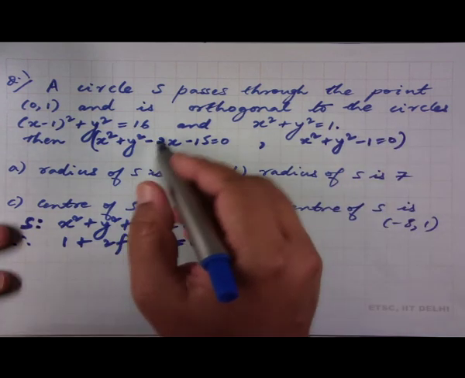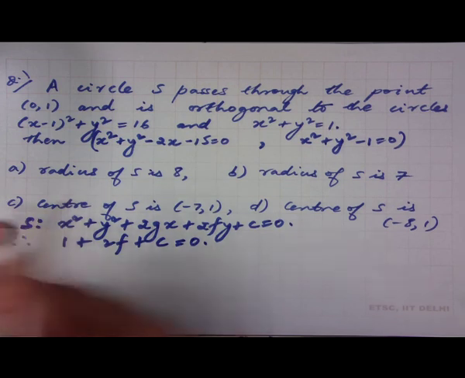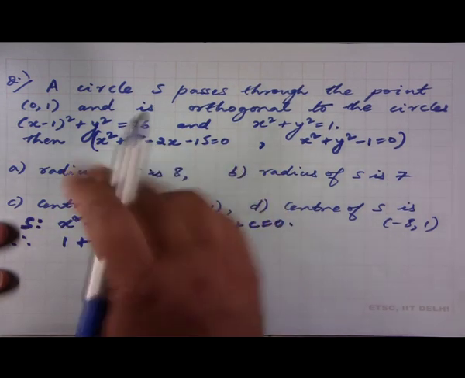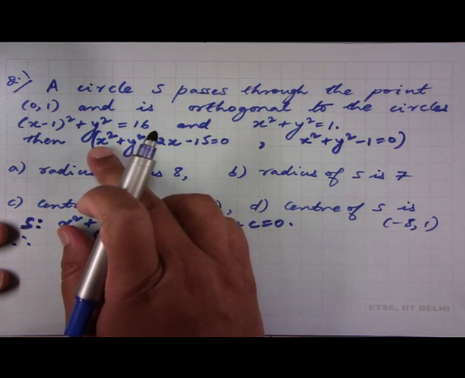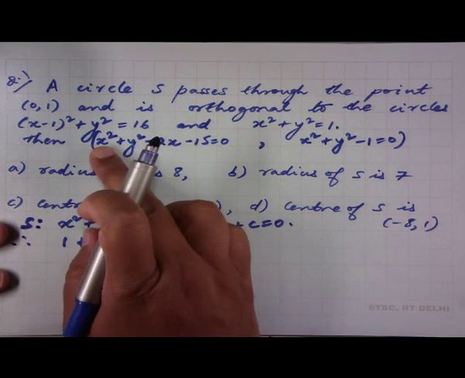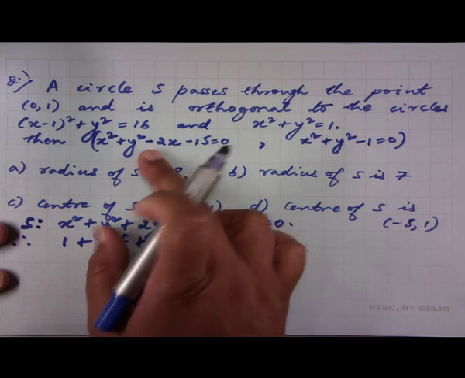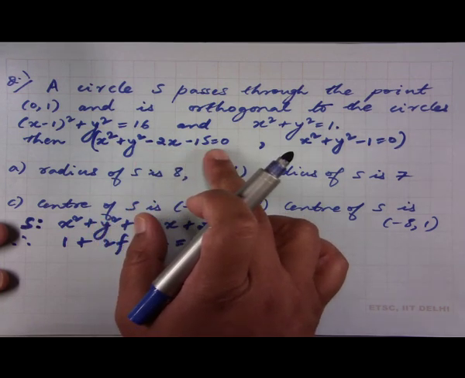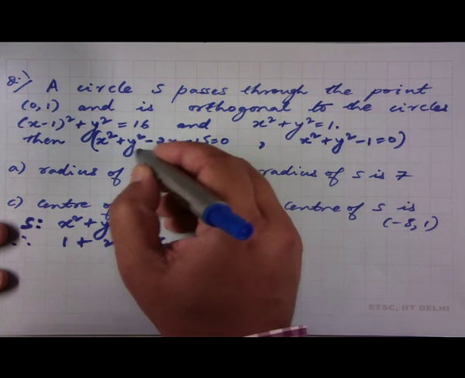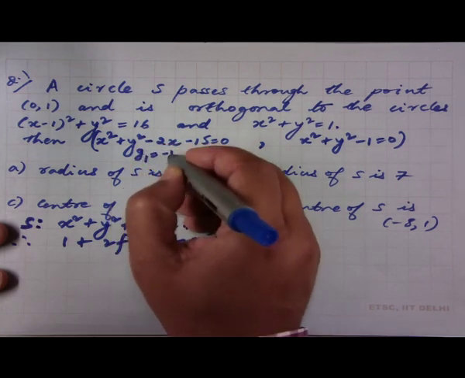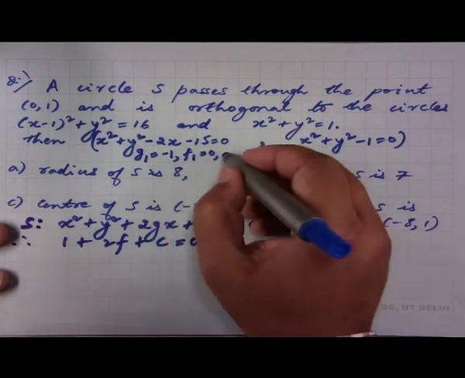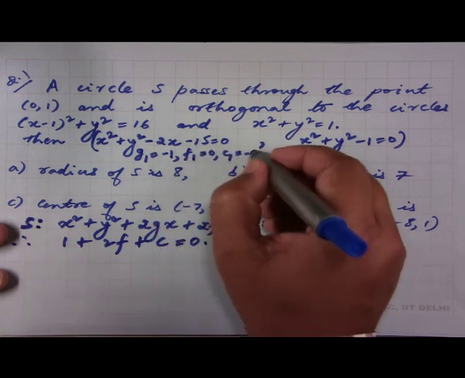So here, if we consider the equation to be x square plus y square plus 2 G1 x plus 2 F1 y plus C1 equal to 0, then G1 is minus 1, F1 is 0, C1 is minus 15.